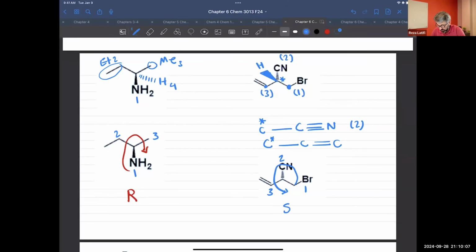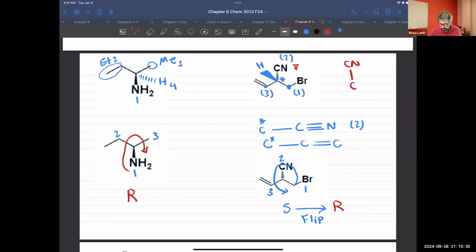But I'm going to ask myself, where is hydrogen pointing? Because hydrogen is pointing to us, you have to flip the configuration, and the right configuration will be R. If you look at the molecule from the back, you will see CN on the top.